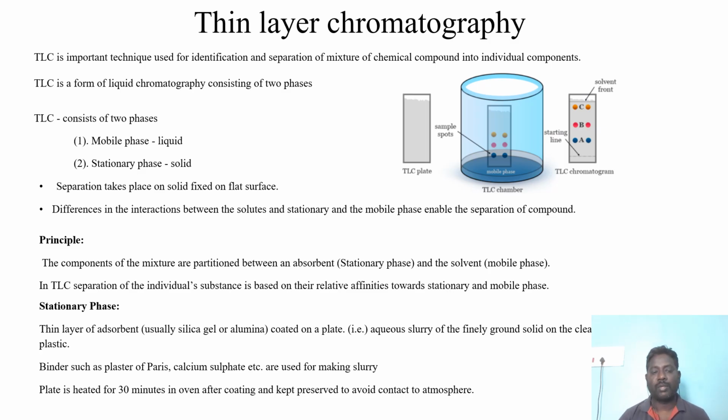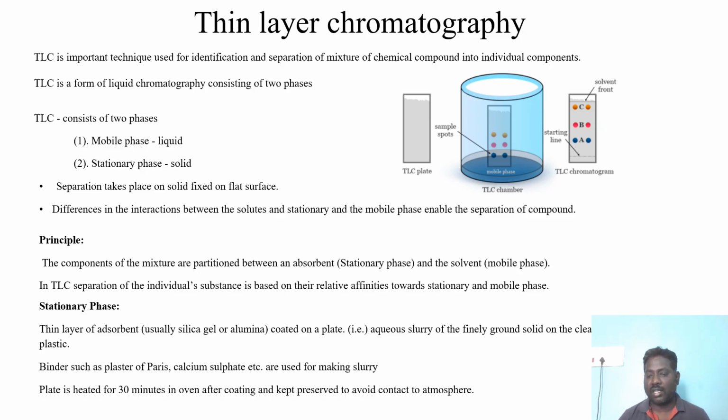So in thin layer chromatography, how is this stationary phase, this thin layer, made? Generally, the thin layer is made using silica gel or alumina. First, we have to make the silica gel or alumina powder into a slurry.